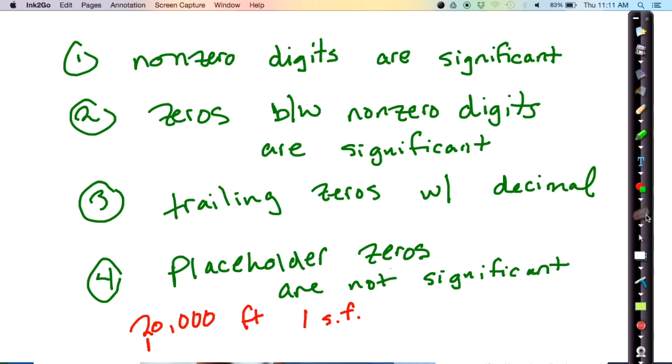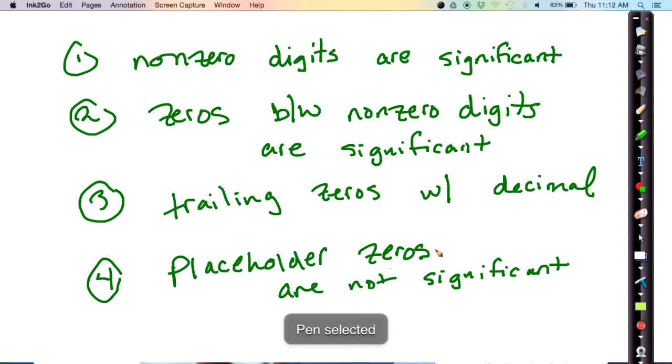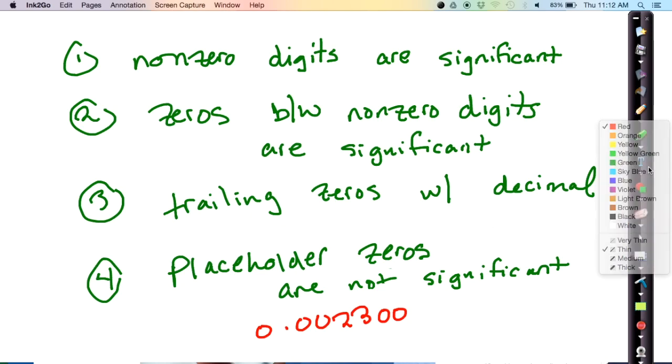Let's consider another example of placeholder zeros. Let's look at a decimal value. Let's say we have 0.002300. So in this case, we have 3 placeholder zeros. But they are leading zeros this time.